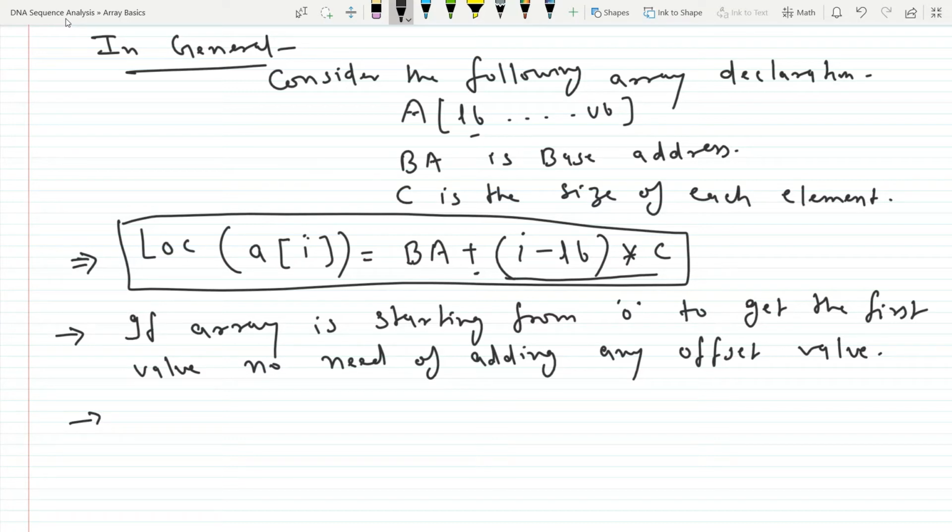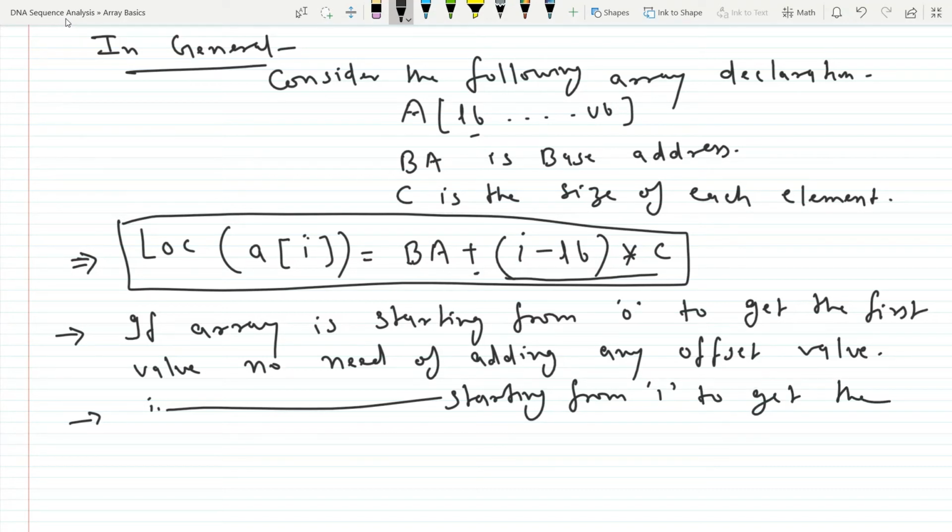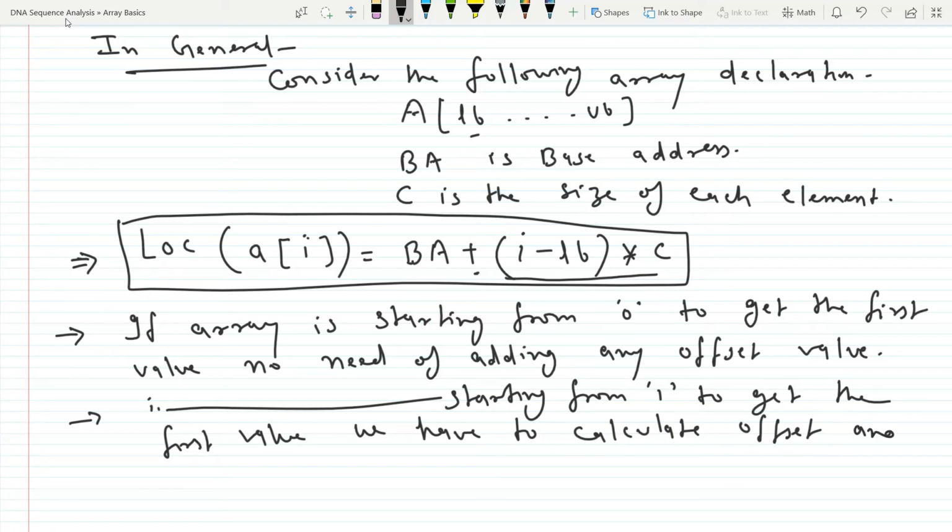And in the other case, if the array is starting from 1, then to get the first value, we have to calculate the offset and add it to the base address.